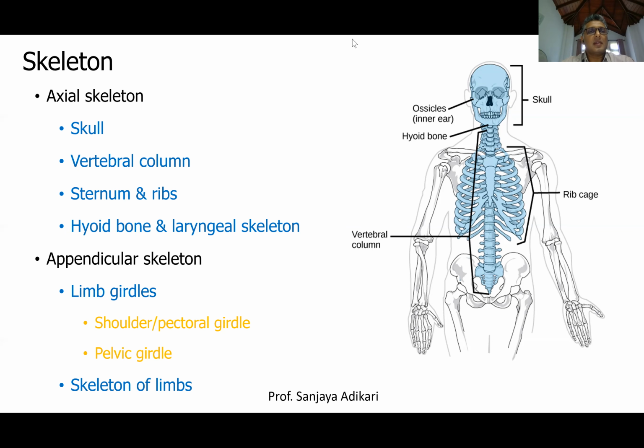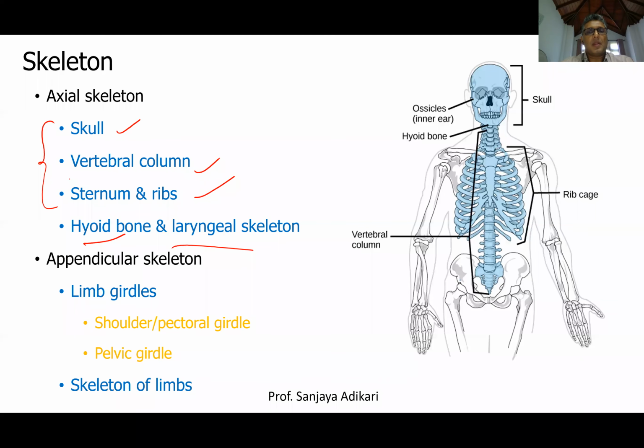The axial skeleton consists of mainly the skull and the vertebral column, sternum and the ribs, mainly those three sections. Then to complete, you can actually add, if you want, the hyoid bone and the laryngeal skeleton, which will complete the axial skeleton. But these three things have to be remembered all the time.